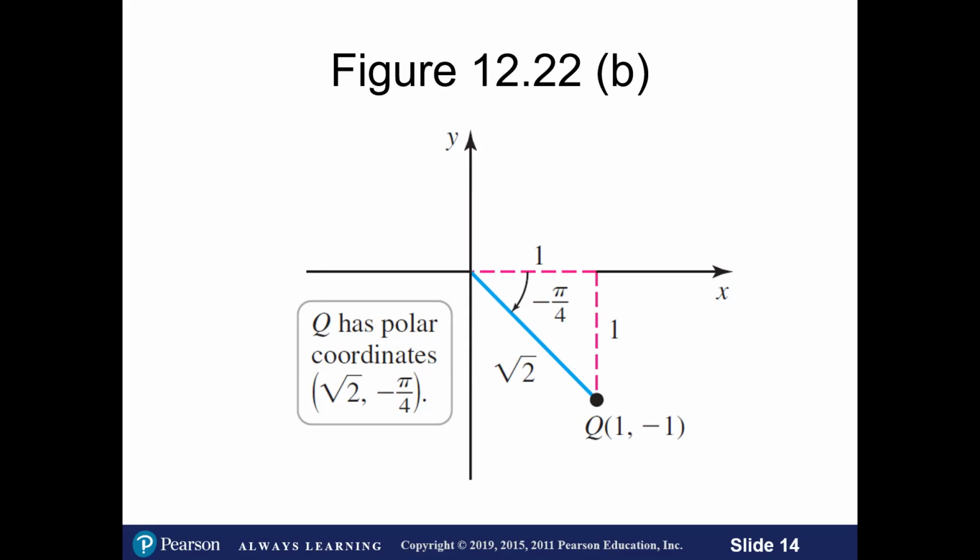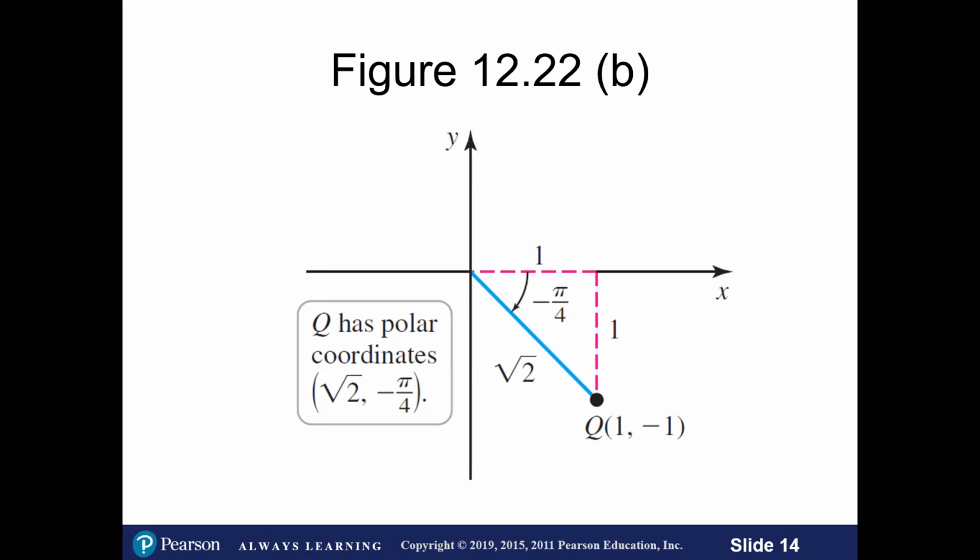We'll typically end up having to use an inverse tangent. So the inverse tangent of y over x is going to be our angle theta, and we want to make sure that we're picking the correct angle theta.